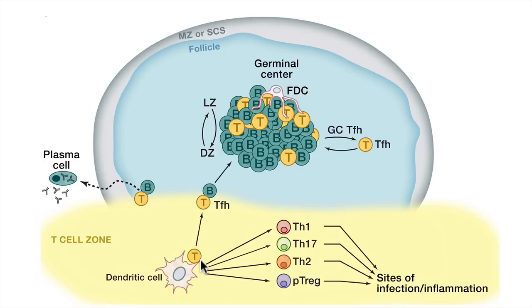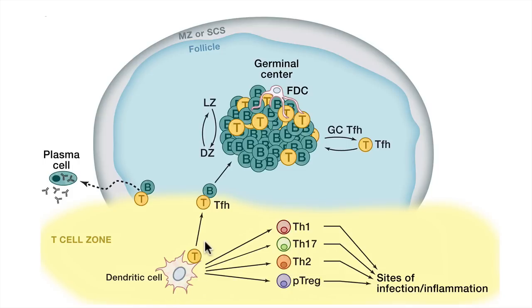The earliest non-TCR signal involved in initiation of TFH differentiation that's been identified is IL-6. IL-6 deficient mice have a complete loss of early TFH differentiation, and IL-6 is a molecule that is highly produced by dendritic cells.